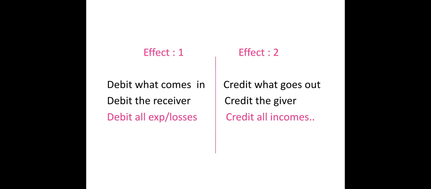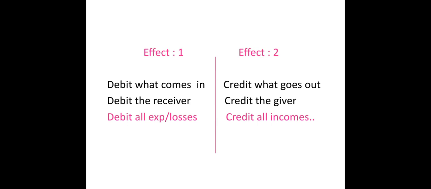Now we have to select out of 3 for effect number 1. If you can apply debit what comes in, if anything comes in, but if nothing comes in, then you can apply the other rule, debit the receiver. And if there is no receiver, if there is no one, then you can apply the third one, debit all expenses and losses.